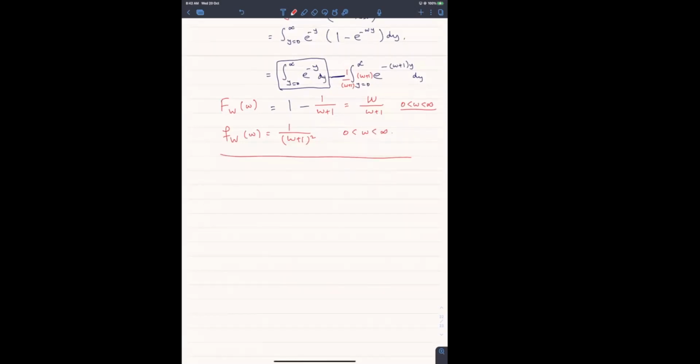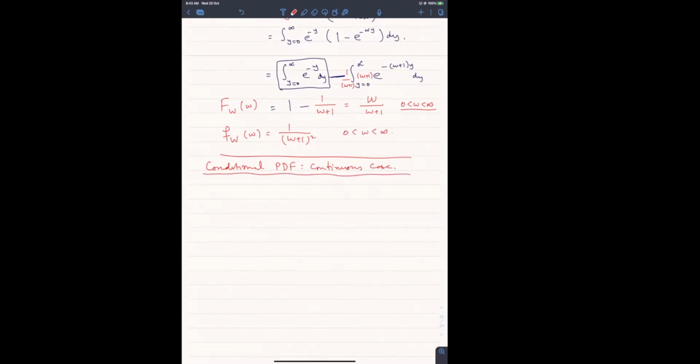So now I'm going to talk about a conditional PDF, continuous case. We talked about the conditional PDF in the discrete case, but now I'm going to talk about the conditional PDF for the continuous case.